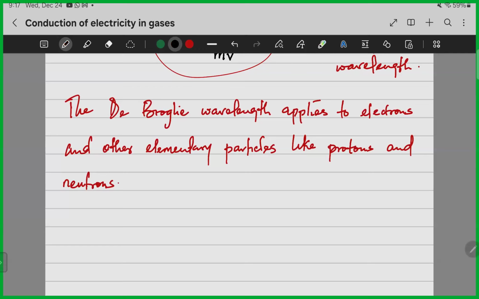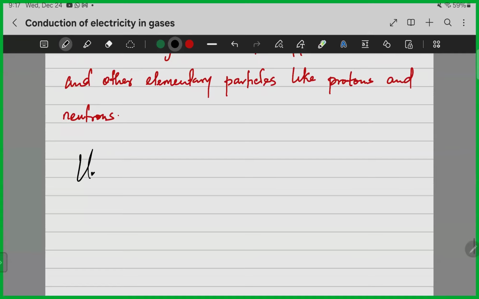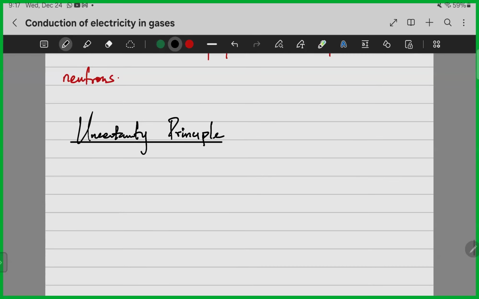There is something called the uncertainty principle that we'll touch quickly before we go on. This is by Heisenberg.